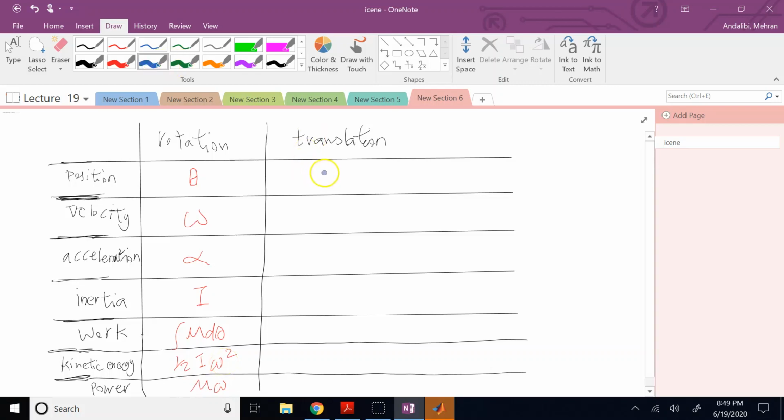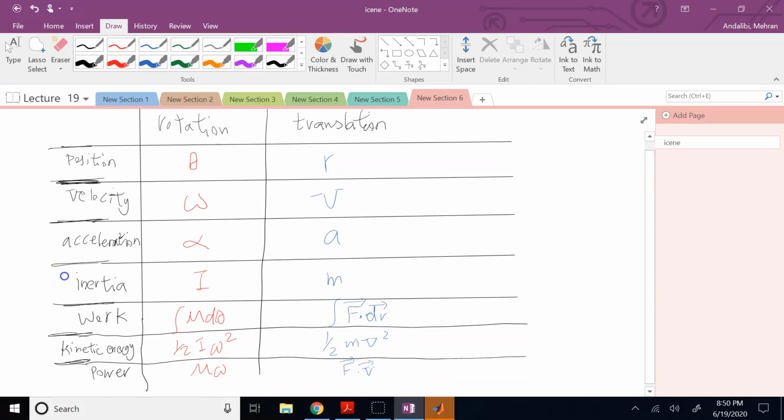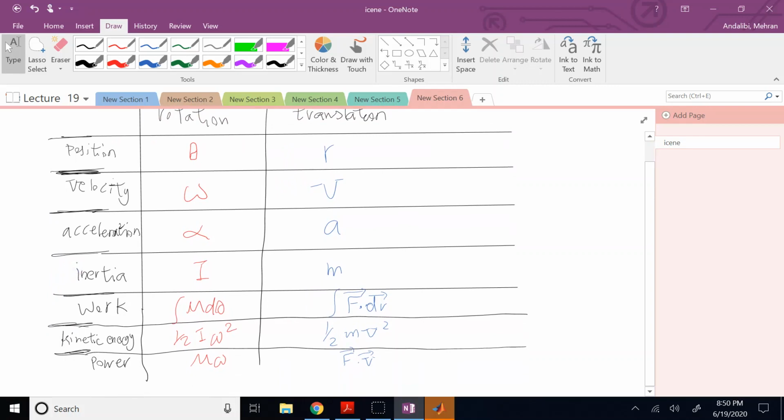While here we go with R, we go with V, we go with A, we go with M, we go with integral of force dr, and then we go with 1/2 mv squared, and we go with F dot V. The other thing I can add for you is the cause of motion.